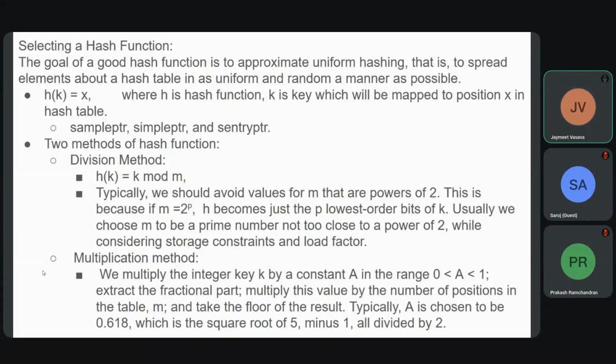Let's say there are 3 values: sample pointer, simple pointer, and sentry pointer. Not so good a way to hash these words is to take the first element and the last element, which will create many collisions.